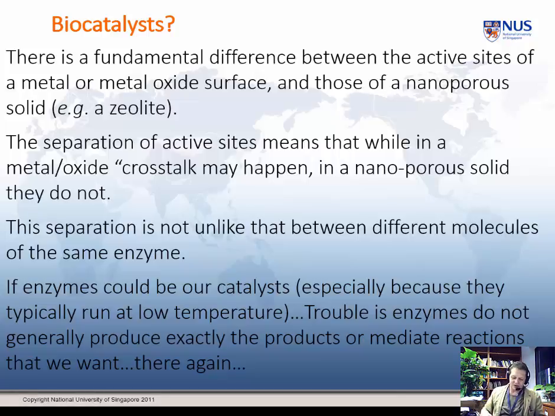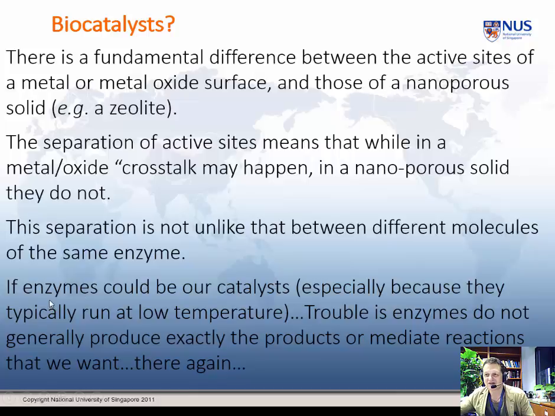Now, that type of separation of active sites begins to feel quite familiar, because enzymes, which are just biological catalysts after all, use spatial separation with active sites so that they can affect their reactions just by either moving the molecule round to line up the active site, or as the molecule moves through a reaction path, it encounters various reaction sites.